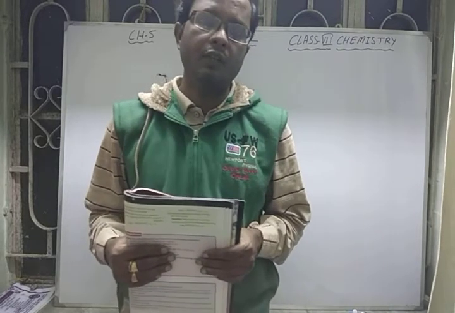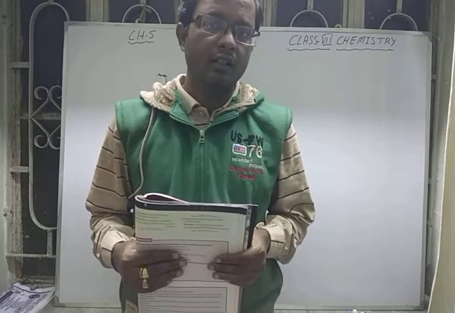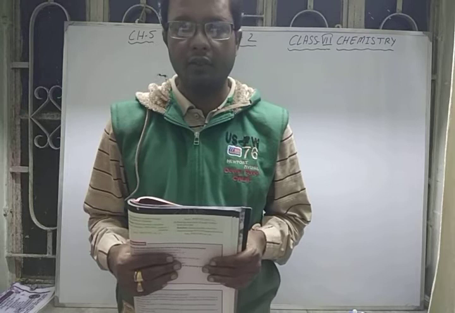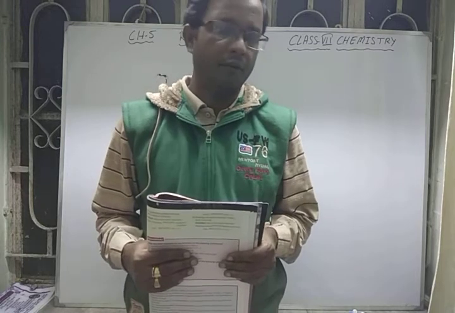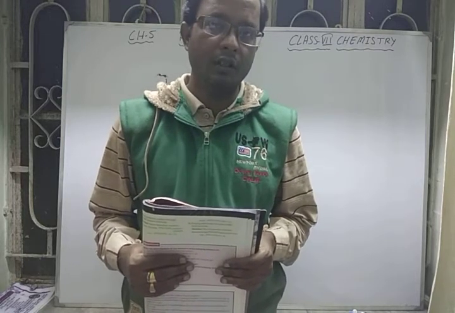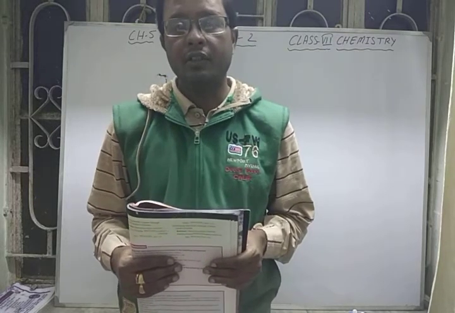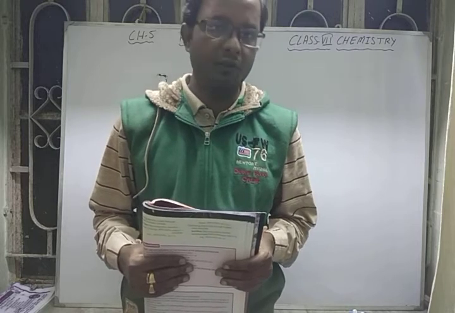After writing the word equation, we must write the chemical formulas of the reactants and the products we have got. After writing the chemical formulas in a chemical equation, that type of equation is called a skeletal equation.